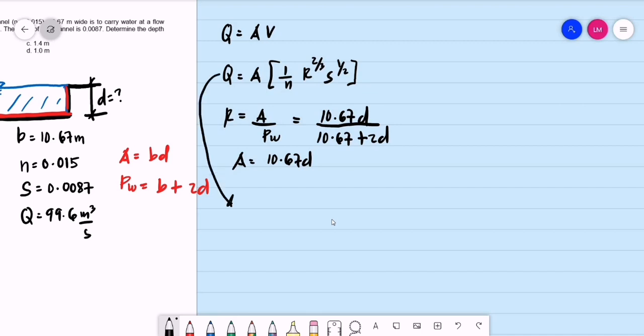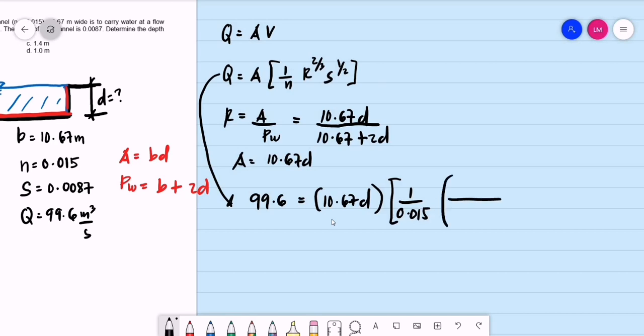We have the discharge given as 99.6 cubic meters per second equal to the area, 10.67 meters multiplied by the depth, also in meters, then multiplied by the velocity, that is 1 over the roughness coefficient 0.015, times the hydraulic radius, the area 10.67 multiplied by the depth, divided by the wetted perimeter, the base width 10.67 plus twice the depth, raised to 2 over 3.